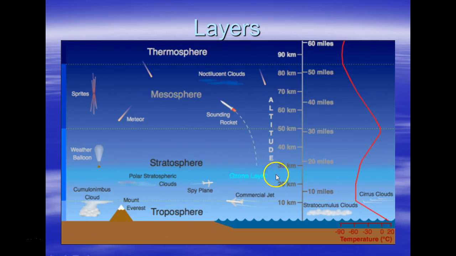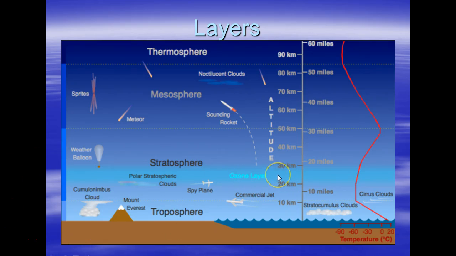So we have the ozone layer, which is, the ozone is 3 oxygens bonded together. And this is that layer that protects Earth by absorbing all that ultraviolet radiation from the sun. Okay? And the air here in the stratosphere is warmed by the absorbed radiation. So temperature in this layer increases as the altitude goes up.